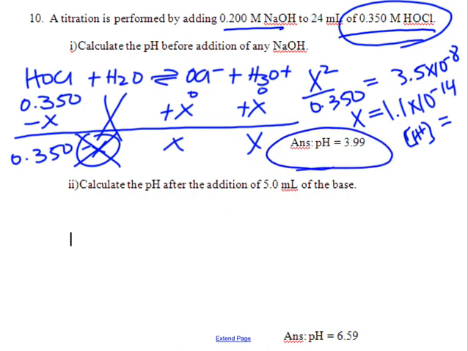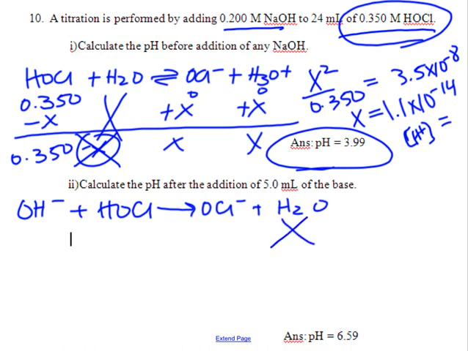All right, so now we're going to actually start the titration. We're invading with sodium hydroxide into our HOCl. Invasion is a single-headed arrow. And we do this and we get OCl minus and water, and we don't care about the water. So to start with our stoic table, we need to know how many moles of each in the invasion.